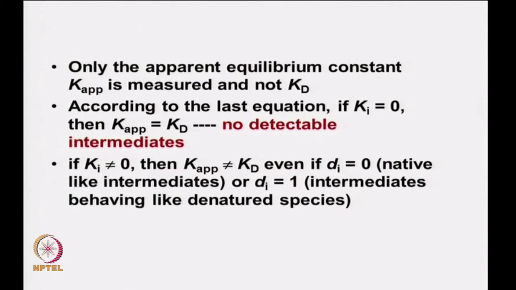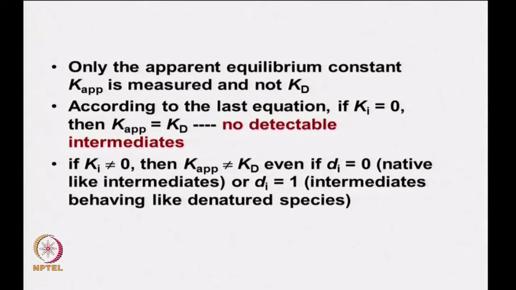So, that means even if Di is equal to 1, which is a native like intermediate, that means very close to the native state, or Di is equal to 0, where intermediates behave like a denatured species, still your K is K apparent, because your Ki is not equal to 0. So, that is another way of looking at it, especially when your transition is not a two state, but involves many intermediates.